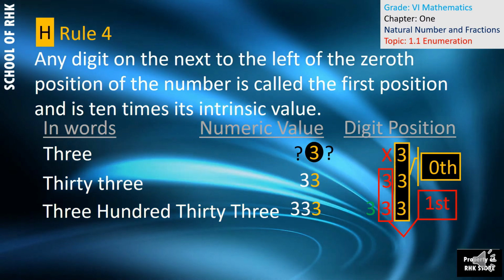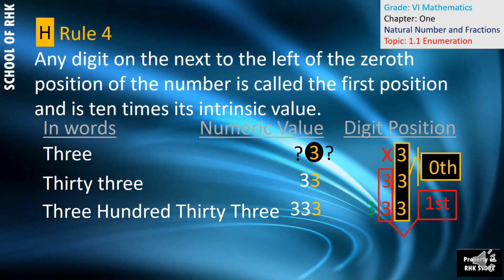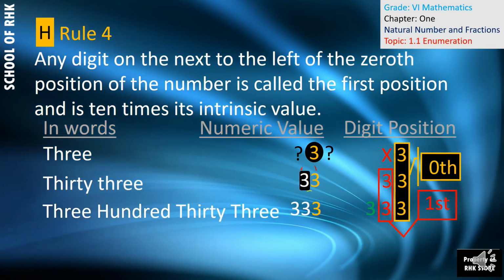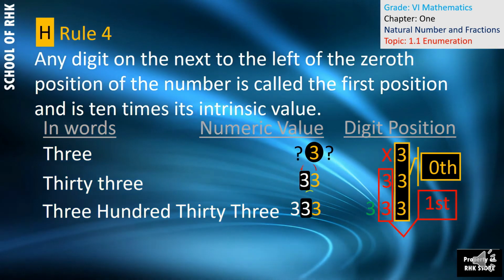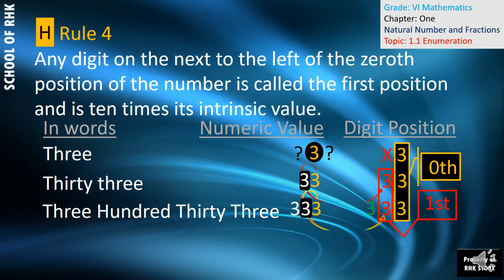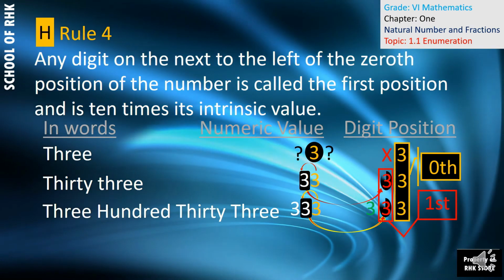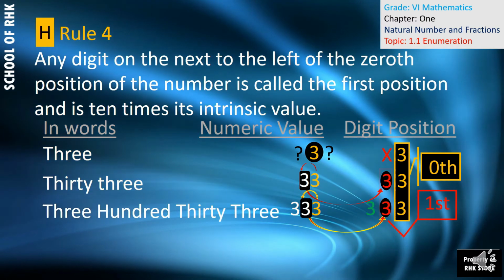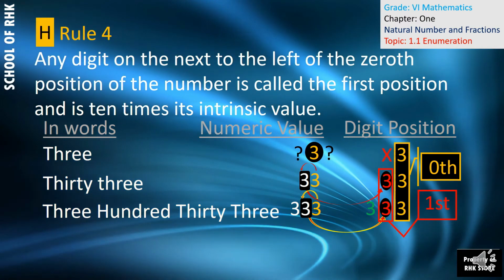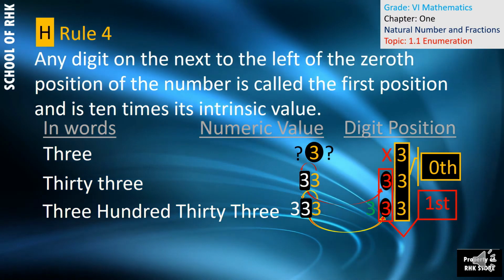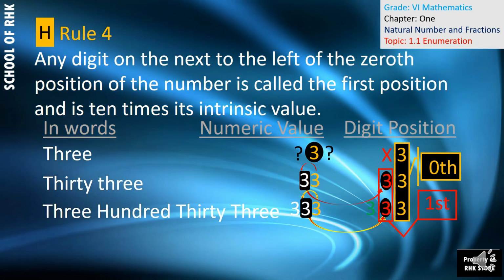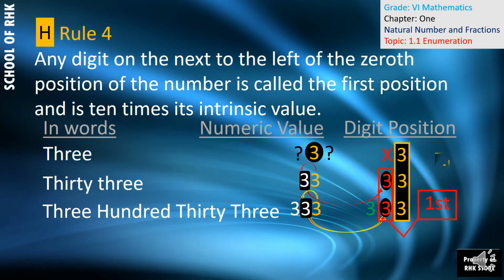The next to the left digit, considering the zeroth position or extreme right of the other two numbers, that is 33 and 333, is being marked in red color. And to make it very clear, it is enclosed with a red colored box to indicate that their position is next to the left, or first position, considering the zeroth position or the extreme right.